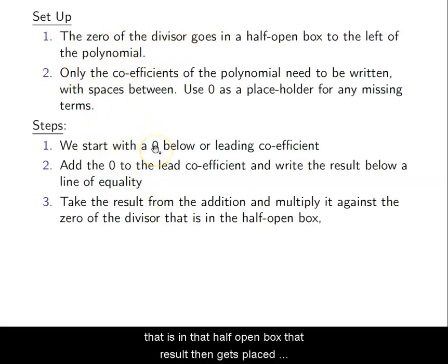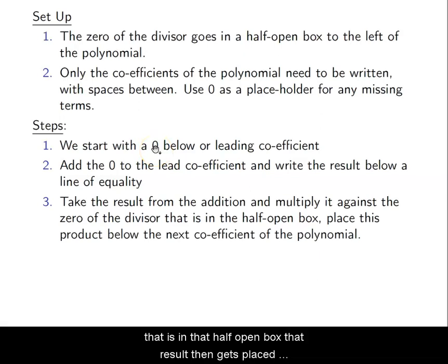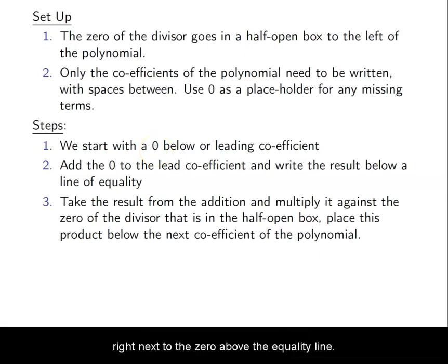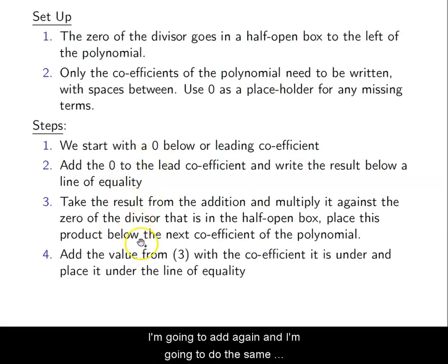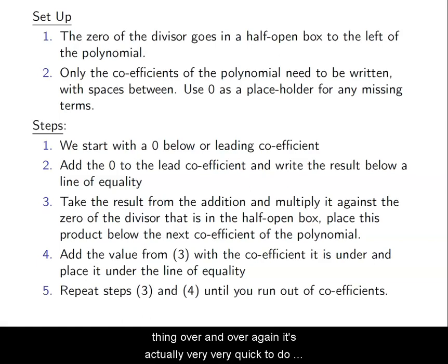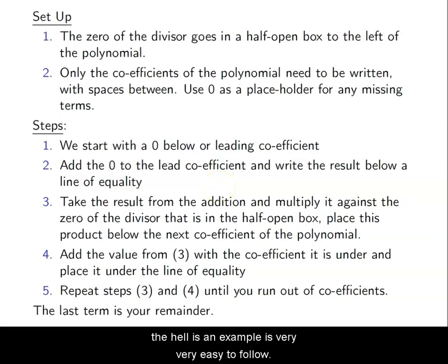That result then gets placed right next to the 0 above the equality line. I'm going to add again, and I'm going to do the same thing over and over again. It's actually very, very quick to do this. And I do this until I run out of coefficients. So again, the explanation probably sounds confusing, and you're wondering what I'm talking about, but an example is very, very easy to follow. The last term that we get out is the remainder.